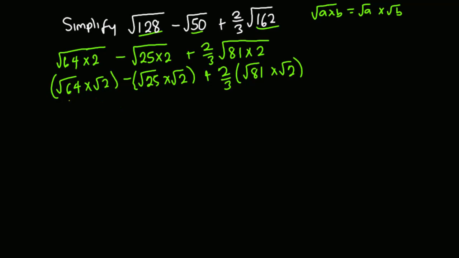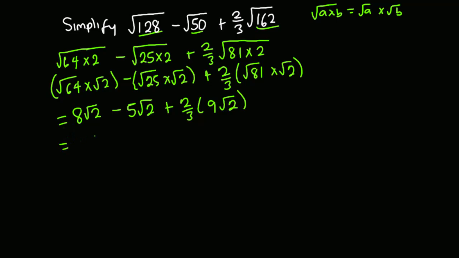And so this will give root of 64 is 8. So 8 times root 2 is 8 root 2. Root of 25 is 5. So I'll get 5 root 2 plus 2 on 3 of root of 81 is 9. So I'll get 9 root 2.